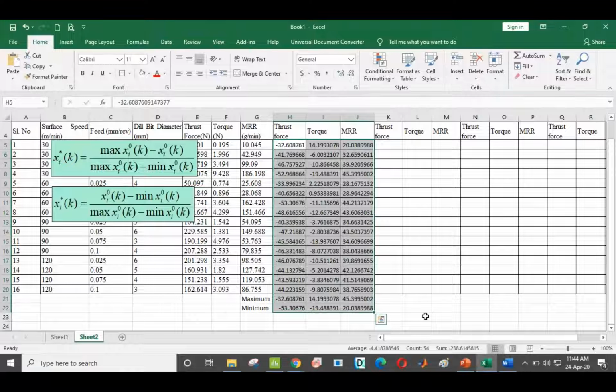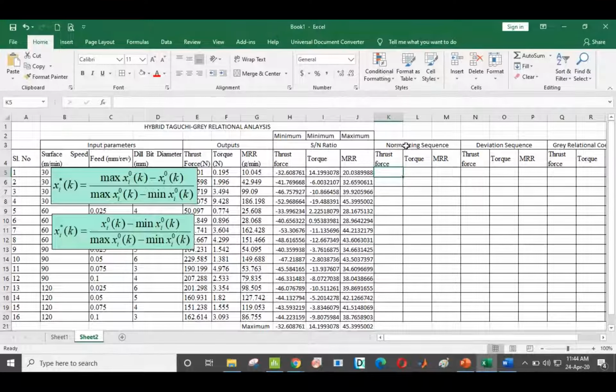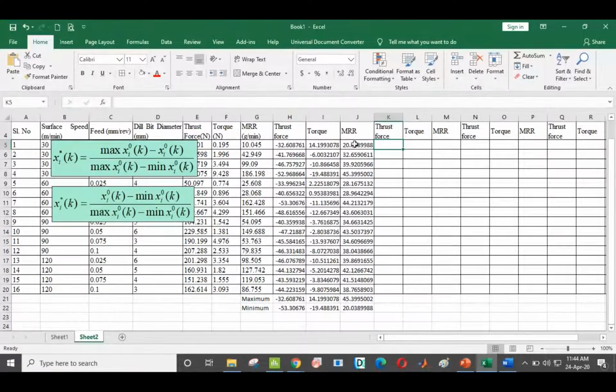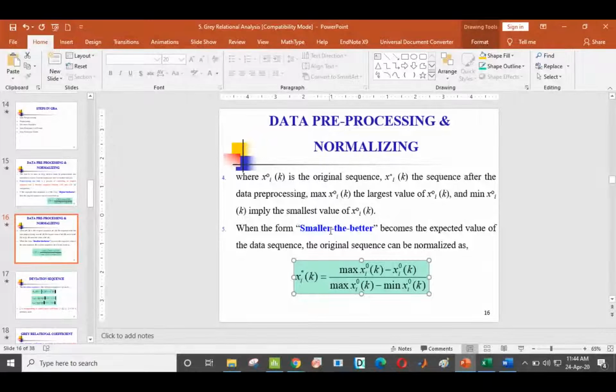Now thrust force, normalizing sequence. For smaller the better, the formula is maximum minus individual divided by maximum minus minimum.